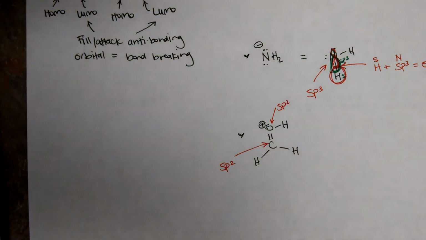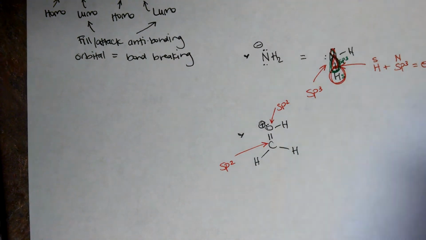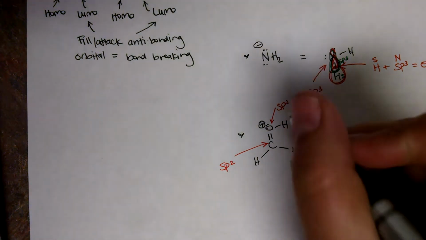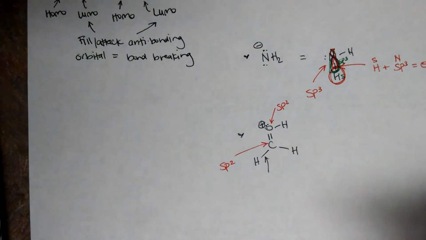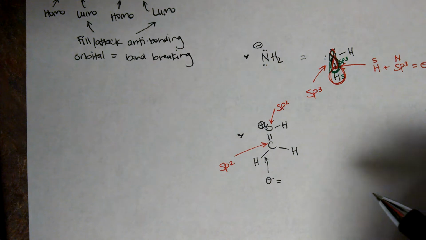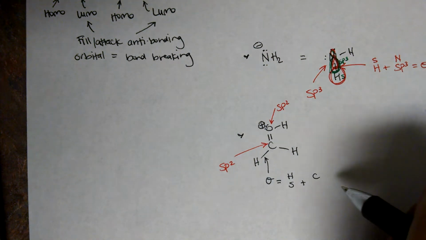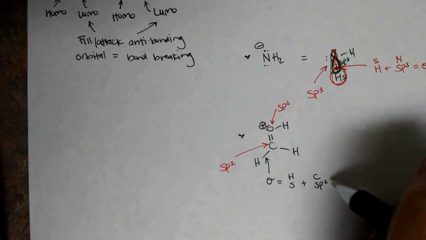Don't forget those lone pairs. Importantly, let's talk about this bond. What is it made from? This is a single bond, so it's a sigma bond, and it's made from the hydrogen's s orbital overlapping with the carbon's sp2 orbital.